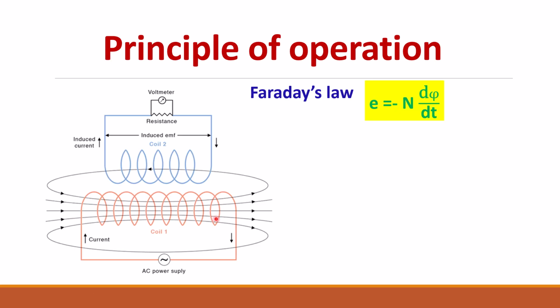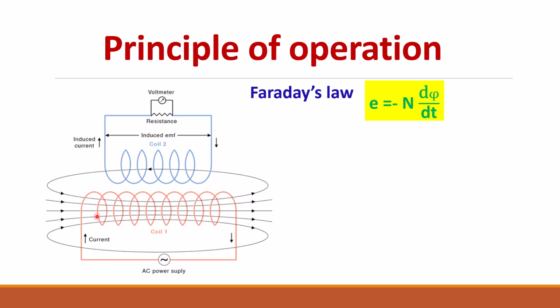So we have a primary coil and we give the AC supply to the primary coil. When the current flows, a flux will be created, and due to the change of this flux, an EMF will be induced.